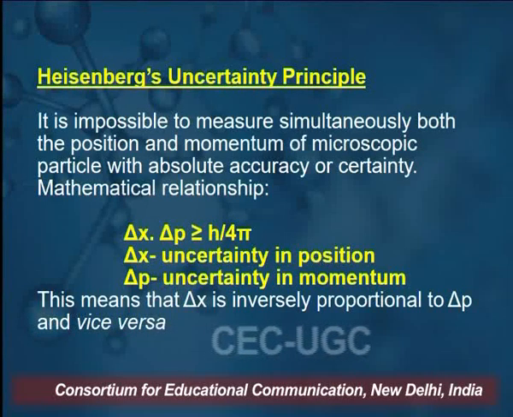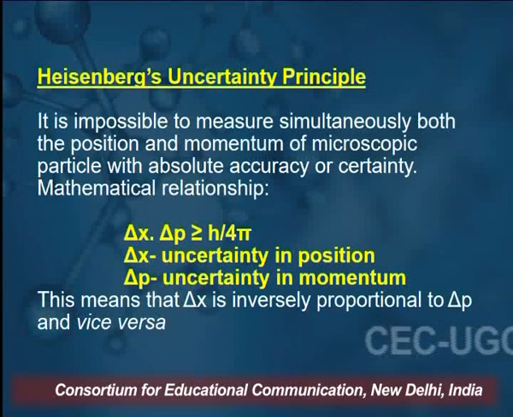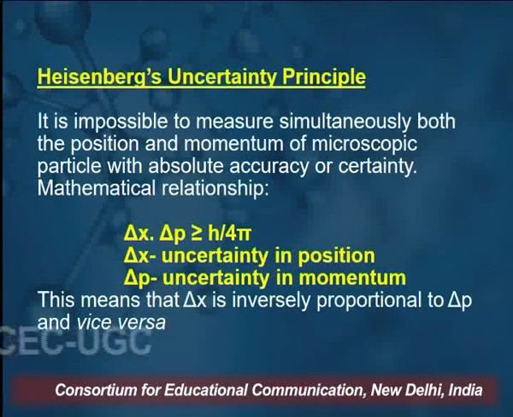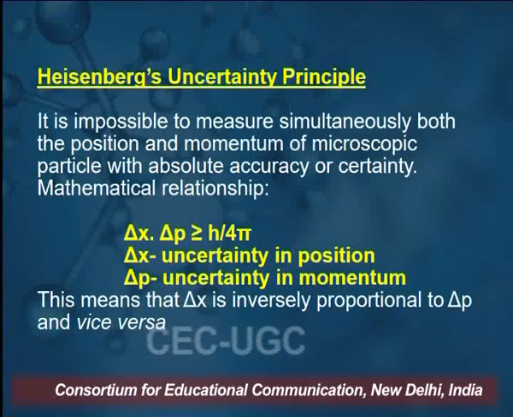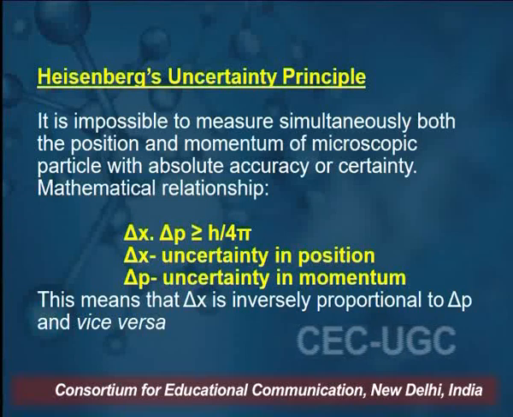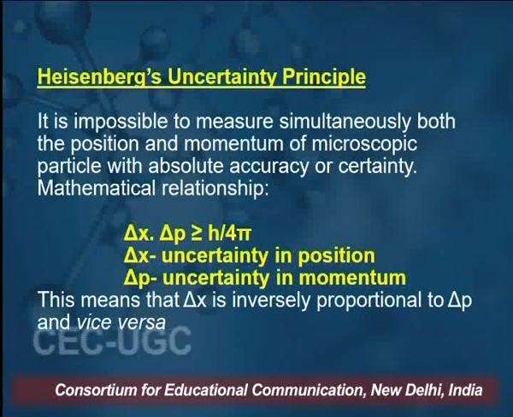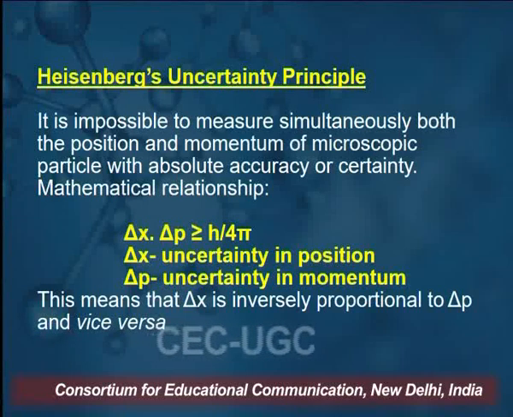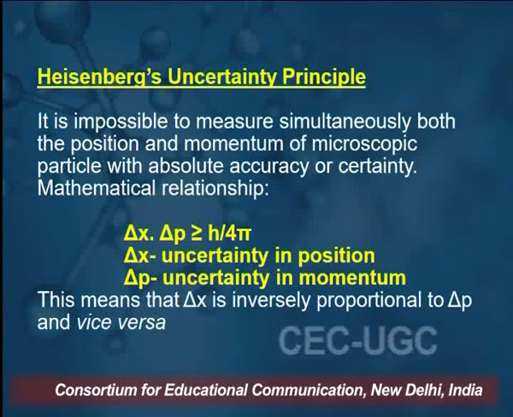Delta x stands for the uncertainty in position and delta p stands for the uncertainty in momentum. In this principle, the important term to be noted is measure simultaneously, which means that delta x is inversely proportional to delta p and vice versa.